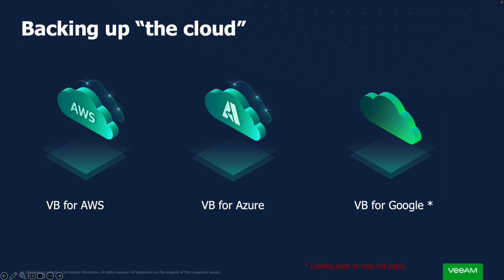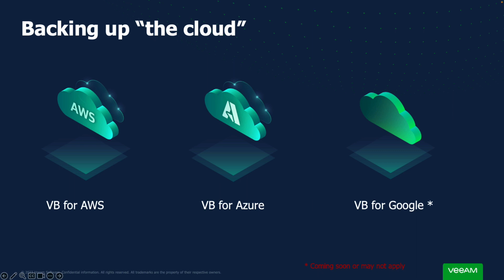Now, when we say backing up the cloud, we're really talking about Veeam Backup for AWS, Veeam Backup for Azure, and Veeam Backup for Google. Now, the reason Google has an asterisk is because there are some features that don't apply, specifically our Veeam Service Provider Console. So in a moment, we're going to talk about how you can deploy and manage these public cloud workload appliances.